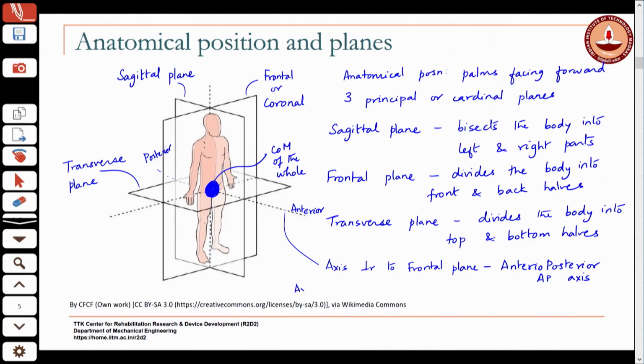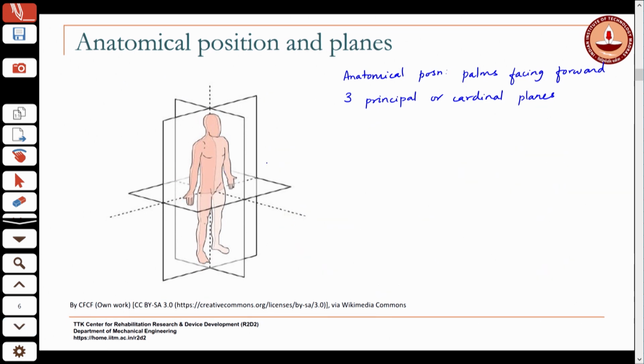Similarly, the axis perpendicular to the sagittal plane is called the mediolateral axis. When we say something is medial, okay, so this is the ML axis, the mediolateral axis.